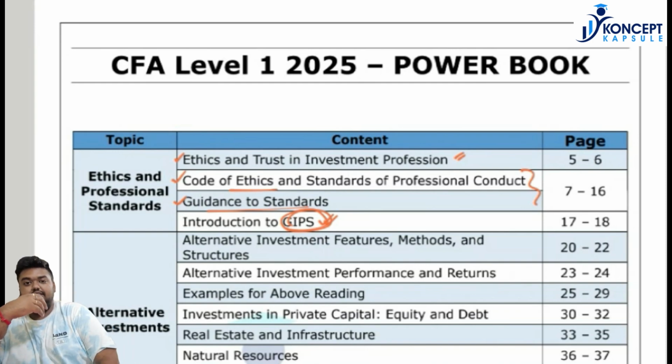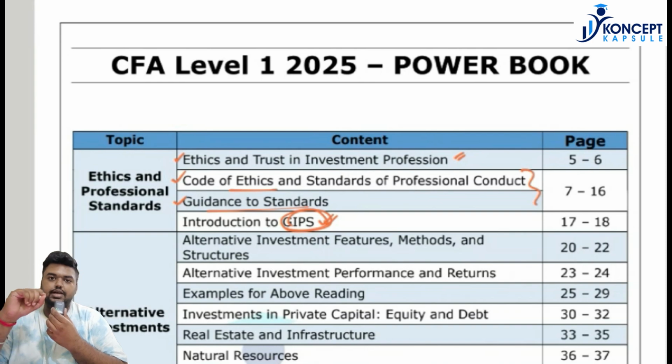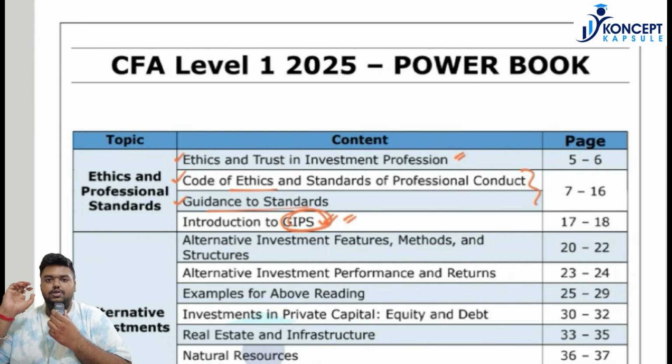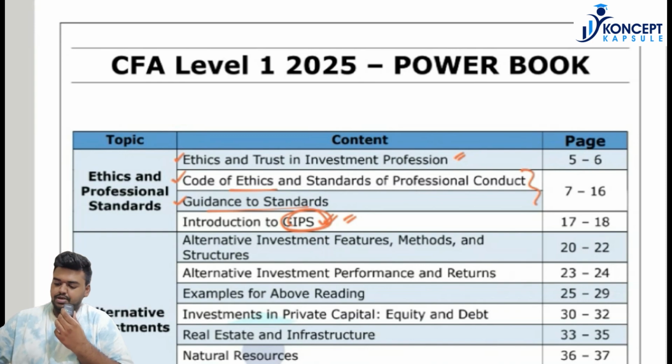So this itself increases the significance of having a good grip over GIPS. Why? Because in each of the session you can expect at least two questions on GIPS, and if you answer it correctly, because it will be a straightforward question, there are high chances that you will score a good percentile on ethics, right?